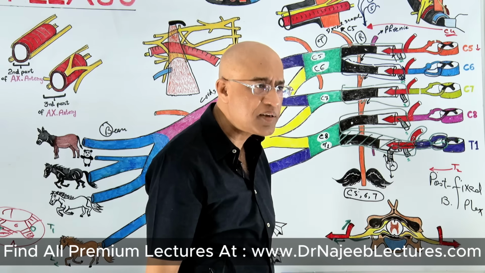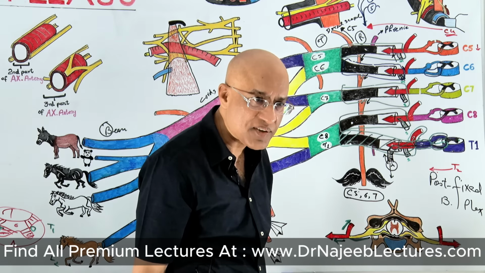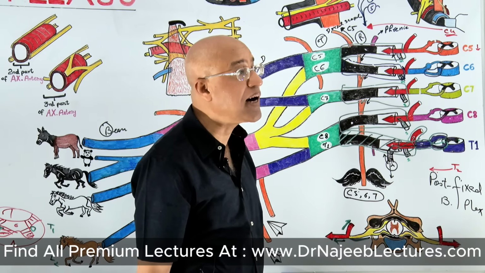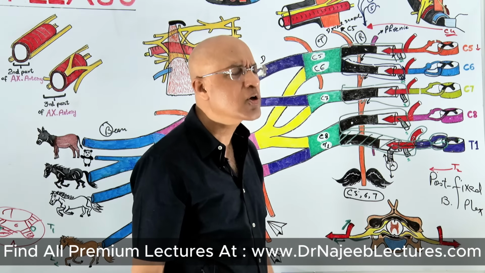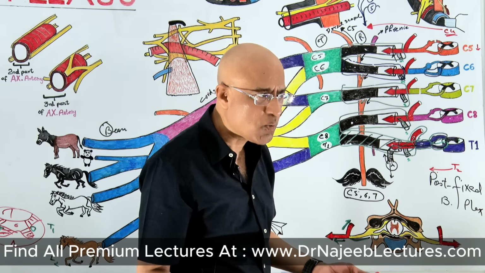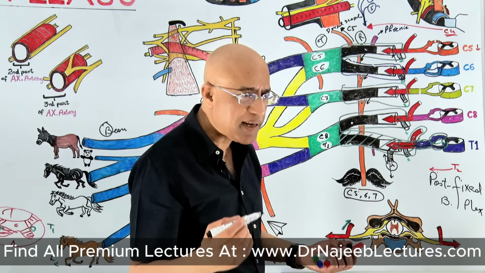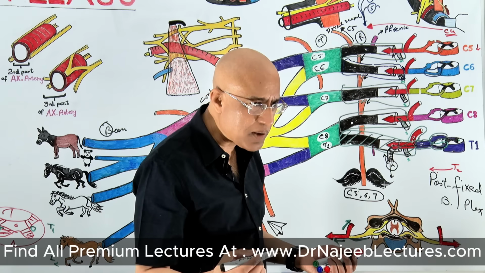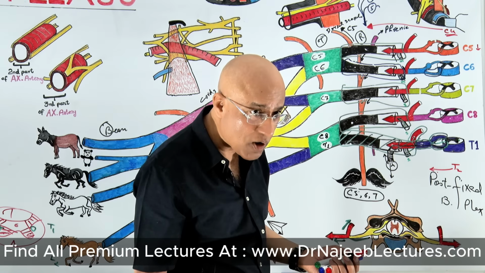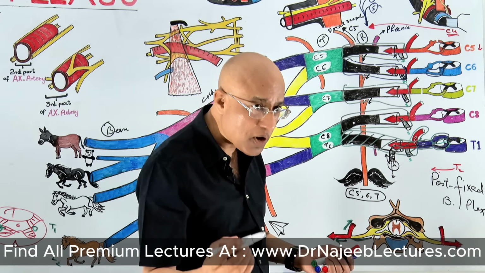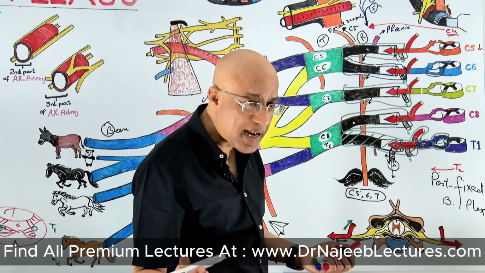So the white ramus belongs to the autonomic nervous system. Some people call it white ramus communicans. White ramus communicans brings myelinated preganglionic fibers from the lateral gray horn, which extends from T1 to L2.